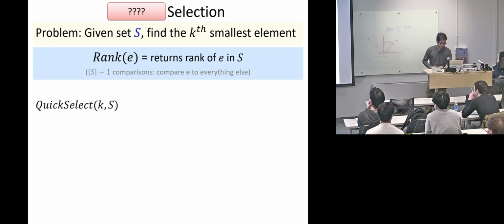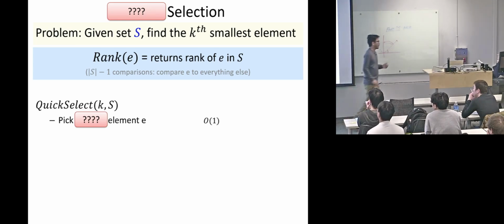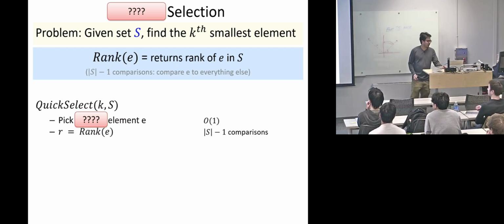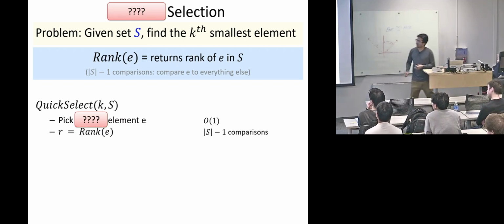So what we're going to do is pick one element E, just pick some element, and then compute the rank of E. You can do that by comparing E to every other element, which takes |S| minus 1 comparisons.